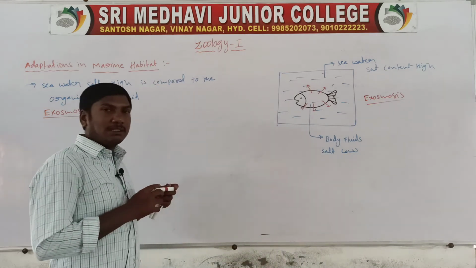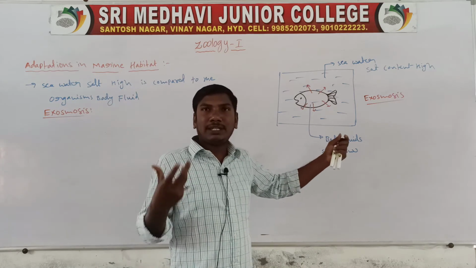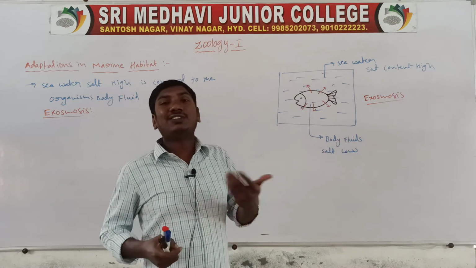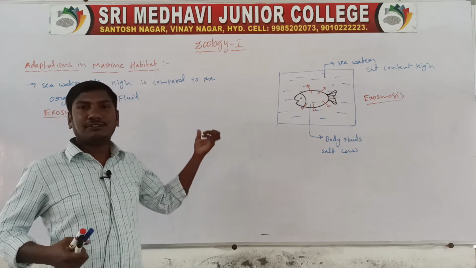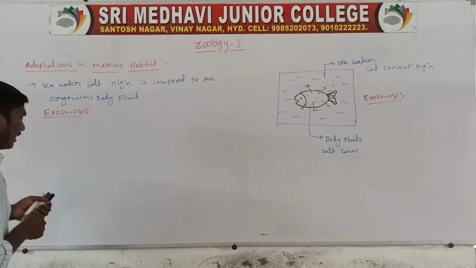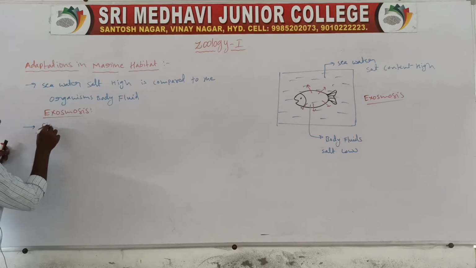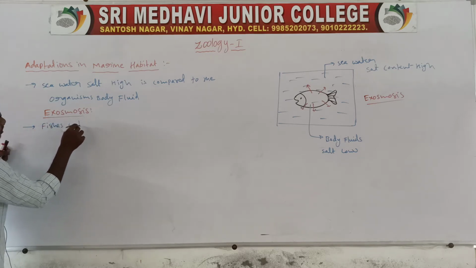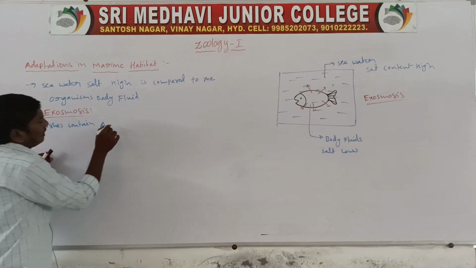To overcome exoosmosis, these animals have a few adaptations. The first adaptation is that fishes contain aglomerular kidneys.